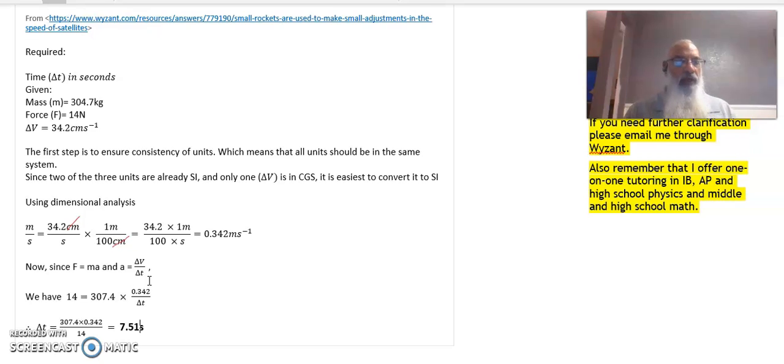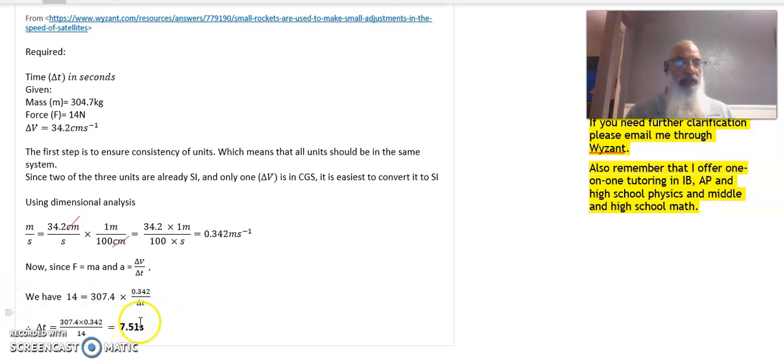Okay, so using this equation, we plug in the numbers. F is 14, m is 307.4, and then delta v is 0.342, and delta t is what we're looking for. So that is our only unknown variable.